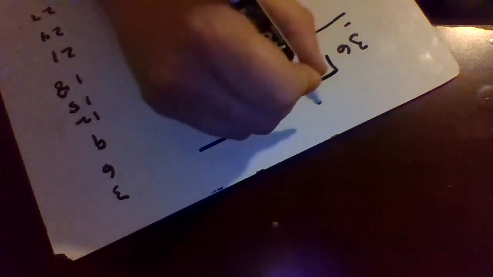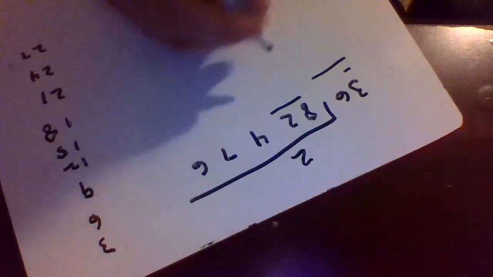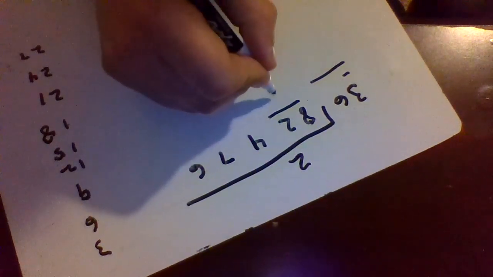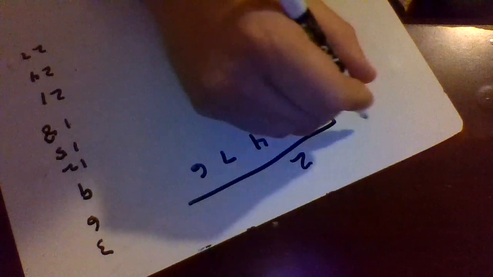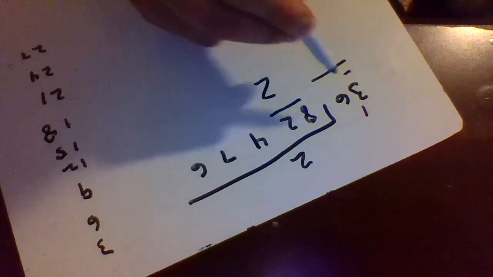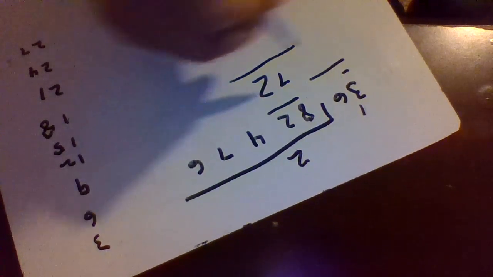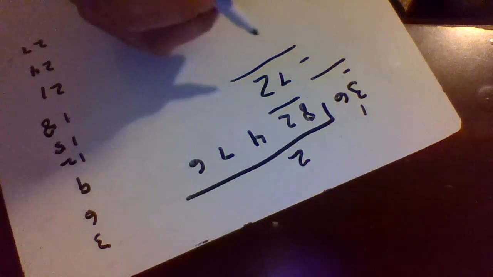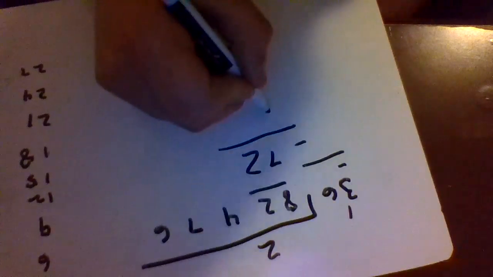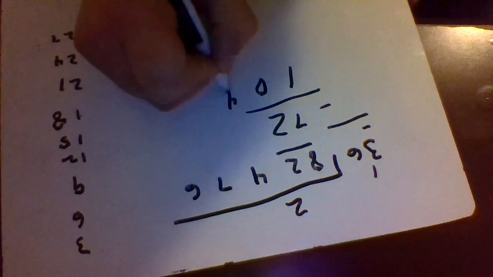So it goes 2 times. 2 times 6 is 12, carry the 1. 2 times 3 is 6, plus 1 is 7. So 82 minus 72 would be 10. Bring down your 4.